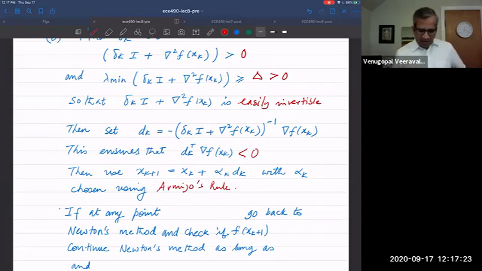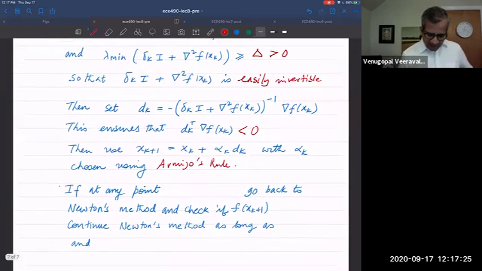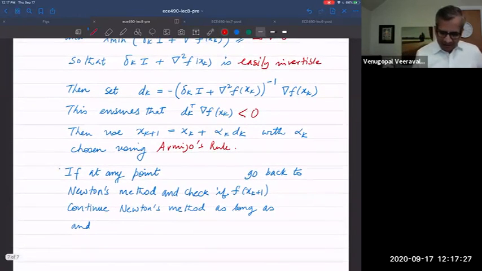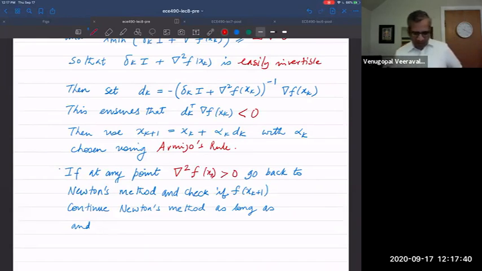Now you keep doing that, but check at any stage if the Hessian were to actually become positive definite. Then go back to Newton's method, because now you can invert the Hessian and you'll also get a descent direction because it's positive definite. Then check to see if f of xk plus 1 is less than f of xk.